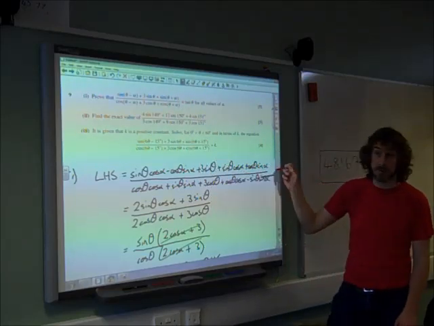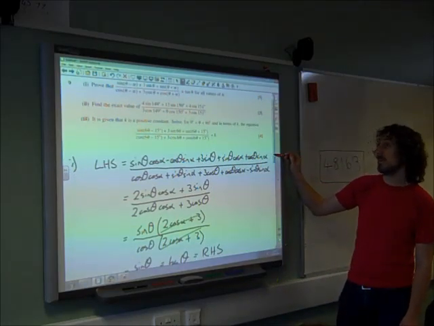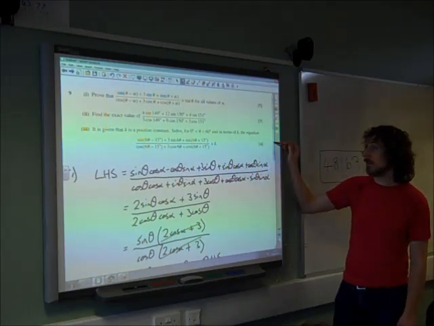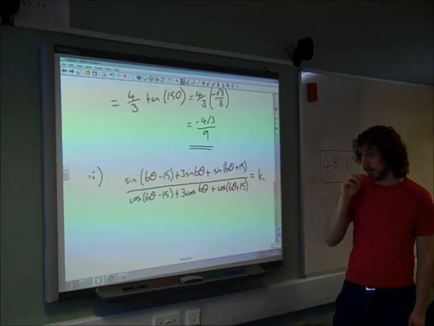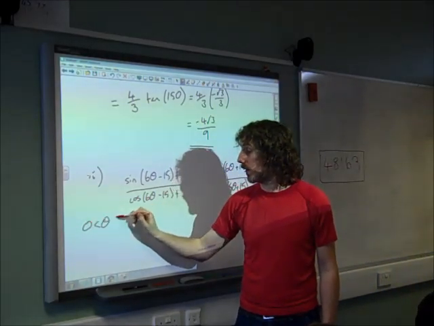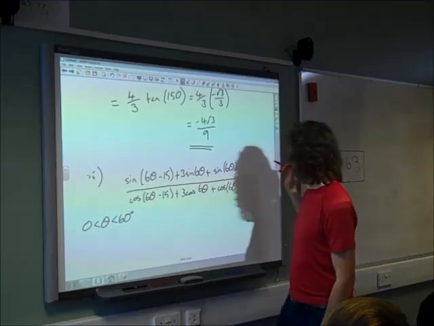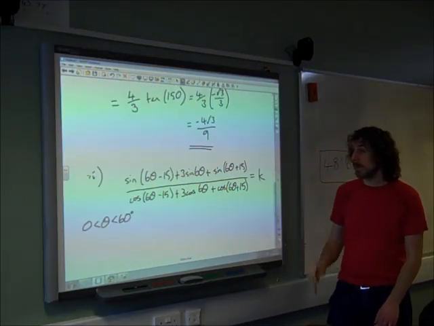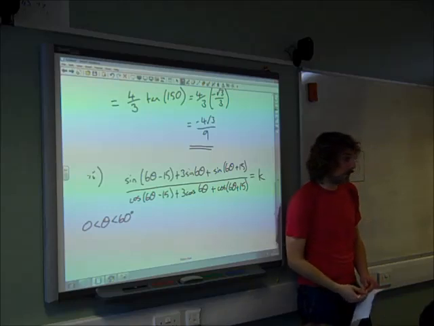The fact that alpha is 15 is completely meaningless to us. Notice we're between 0 and 60, by the way. That's worth noting, because that will become important in a moment.